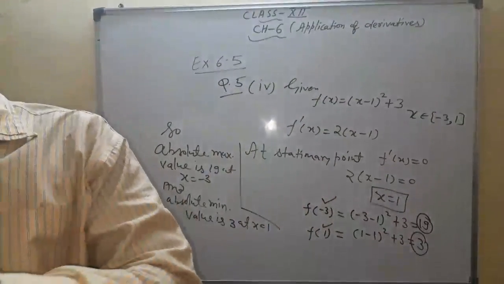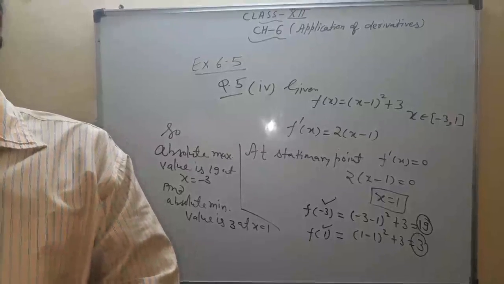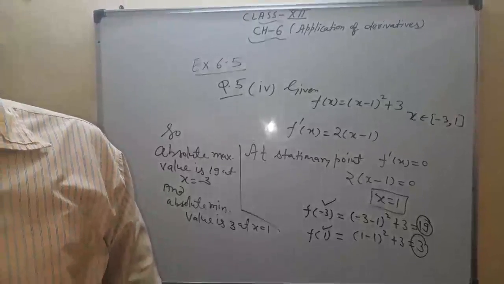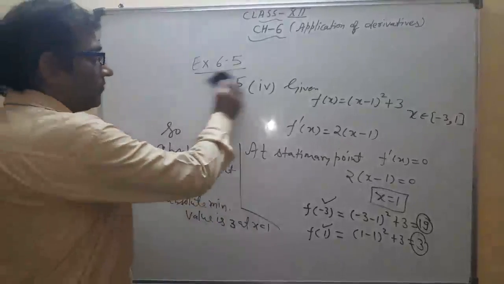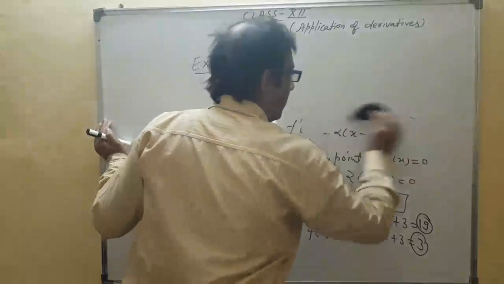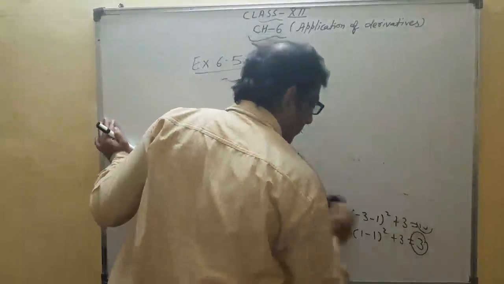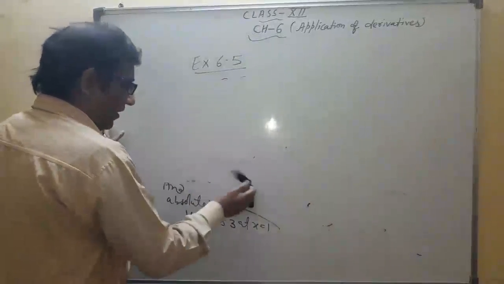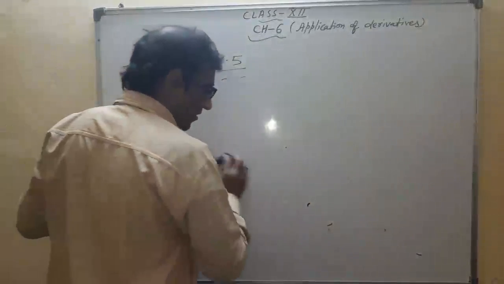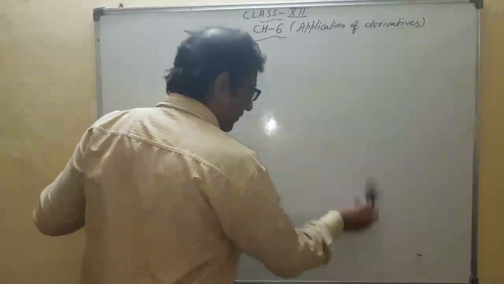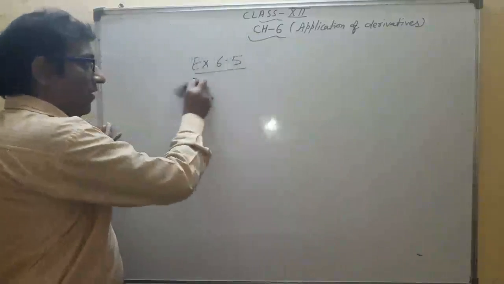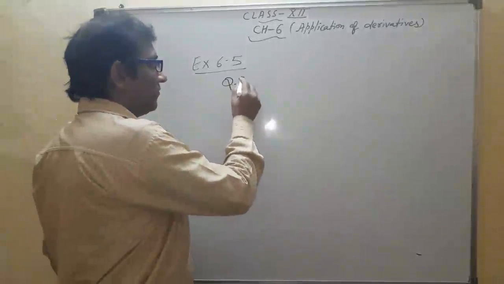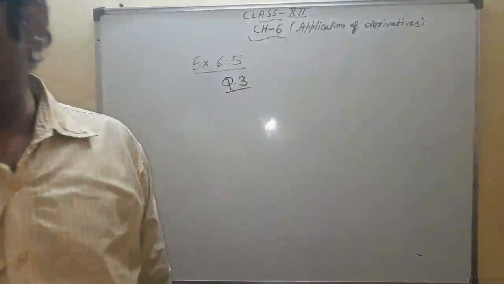Now I am continuing with one last question that is related with local maximum and local minima. So this time I am taking question number 3rd. In question number 3rd there are various subparts given.